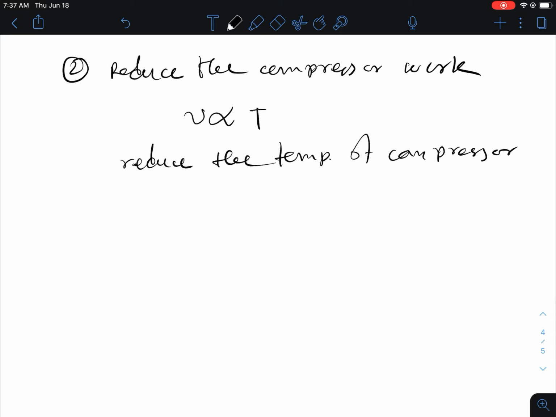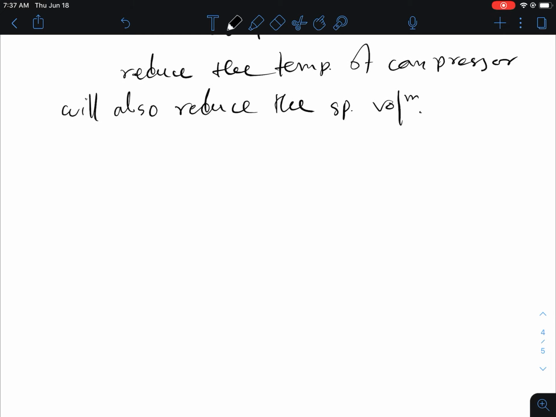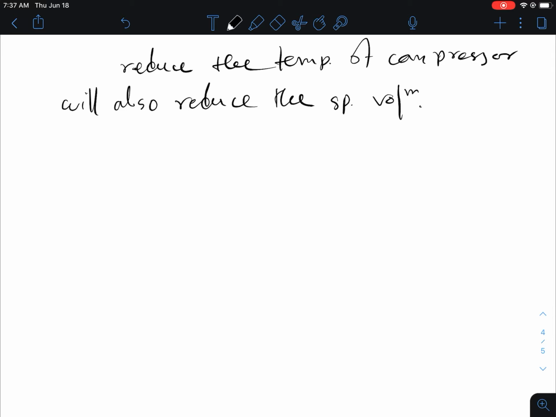So that's how we can reduce the compressor work: reducing the temperature of the compressor will also reduce the specific volume. These are the methods that we can use to reduce the compressor work, because a compressor is basically a work consuming or energy consuming device.